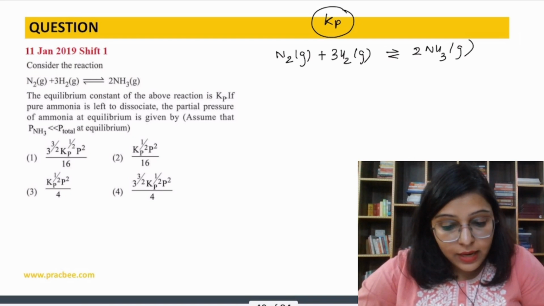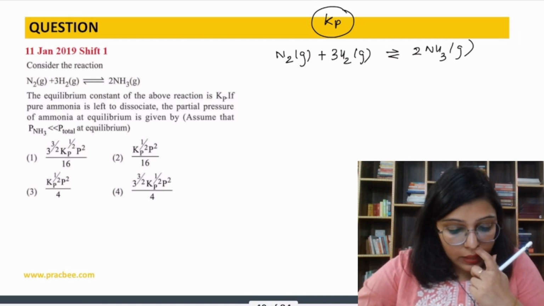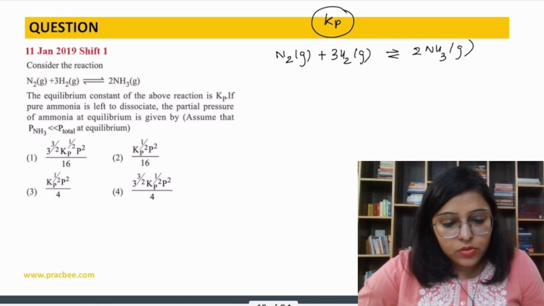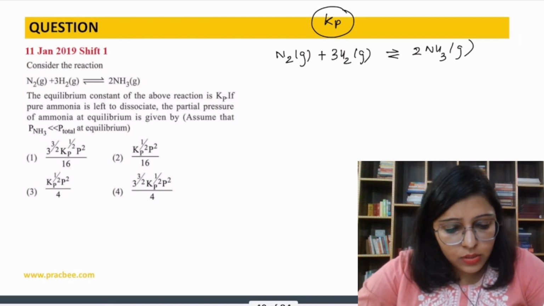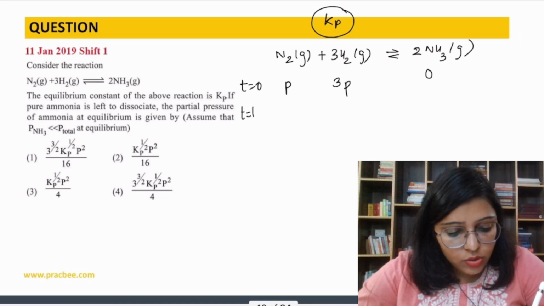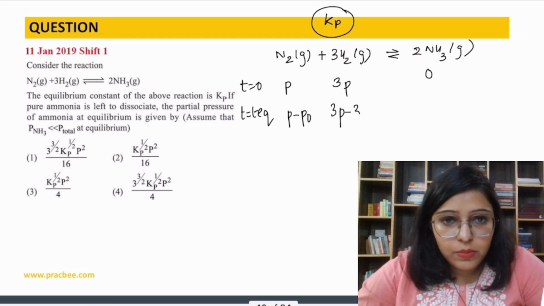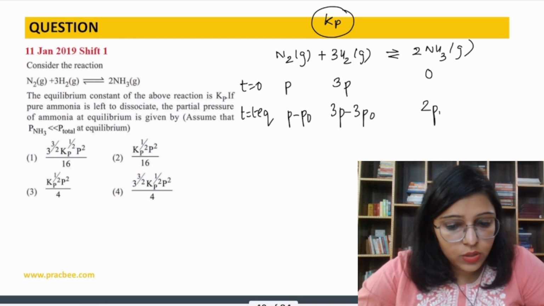If pure ammonia is left to dissociate, the partial pressure of ammonia at equilibrium is given by. So see what we can do with this reaction. Suppose this is P and this is 3P and initially it is 0. Now at equilibrium, we can say P minus P naught, 3P minus 3P naught, and this is going to be 2P naught.